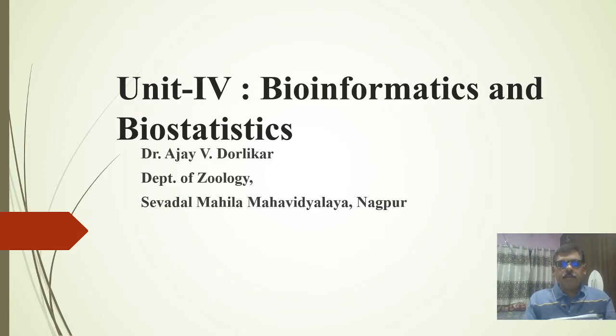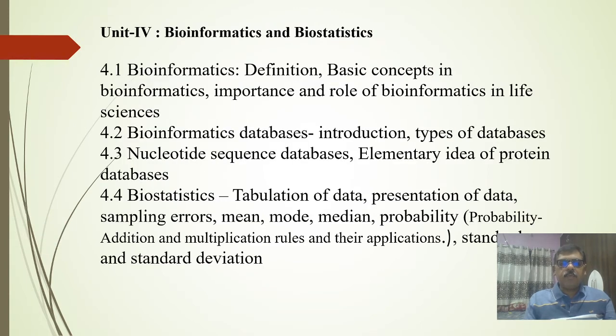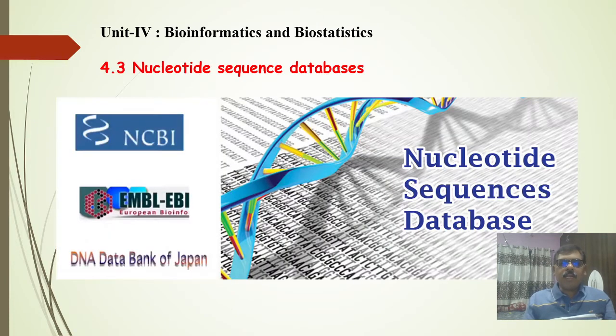Hello everyone. Today we are going to discuss the topic 4.3 Nucleotide Sequence Databases. In earlier classes, we have discussed the nucleotide sequence databases in brief. Now we will discuss these databases in detail.